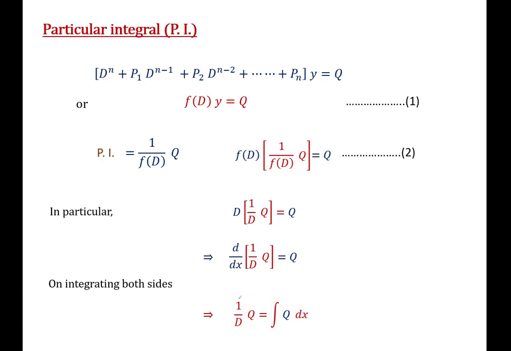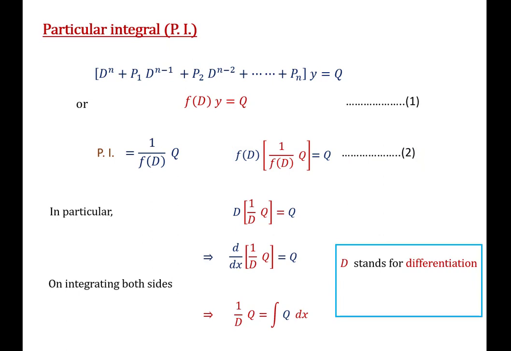So 1 upon D stands for integration, which is the inverse operation of differentiation. Therefore, from equation 2, 1 upon f(D) can be regarded as the inverse operator of f(D). So in particular, we have to remember that D stands for differentiation and 1 upon D stands for integration.